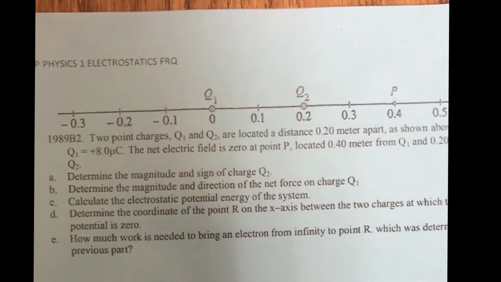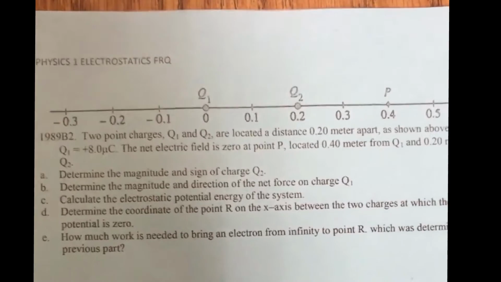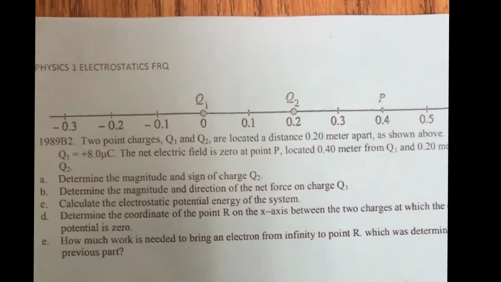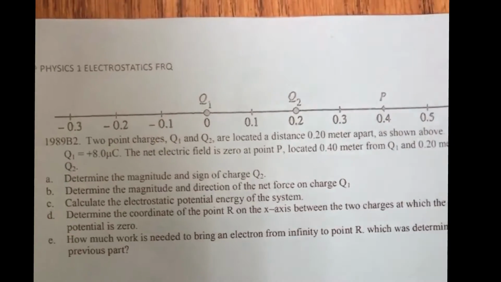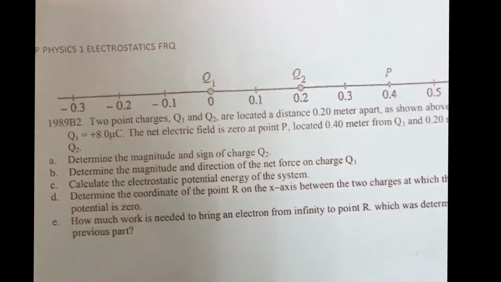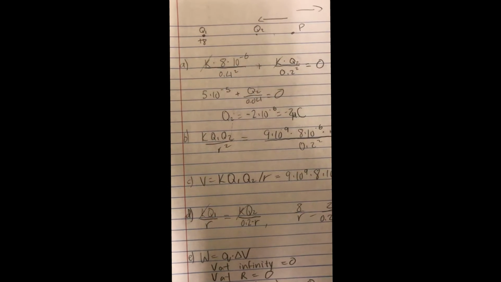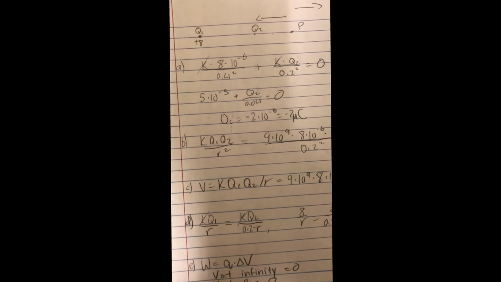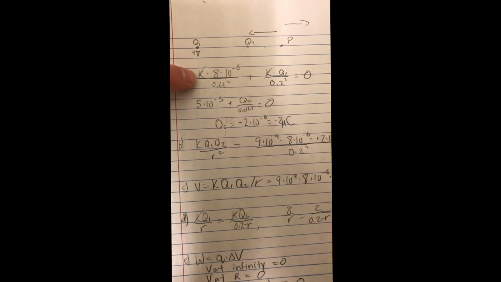Alright, so we're given the two charges Q1 and Q2 on the x-axis at 0.2. Q1 has a charge of 8 microcoulombs, and we're told the net electric field is 0 at point P. The first question is to determine the magnitude and sign of charge Q2. Because the net electric field at point P is 0, we can use the equation kq over r squared for both of them and add them together to get 0.